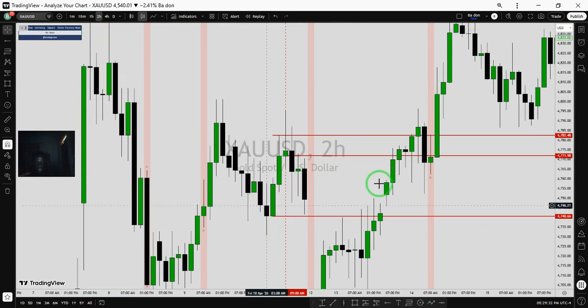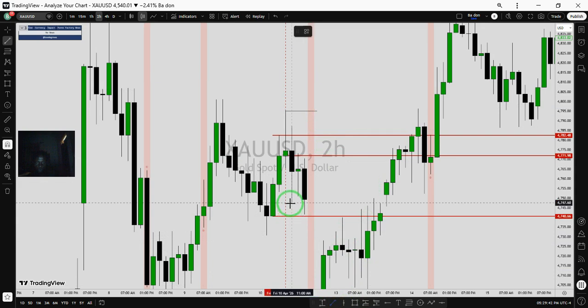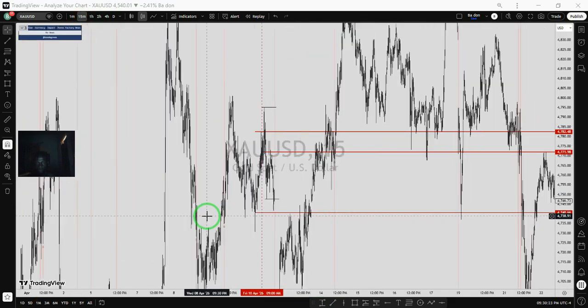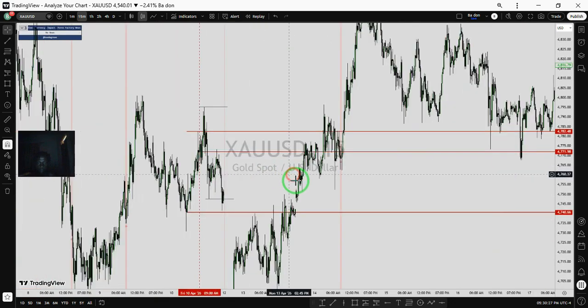First, let's mark the high and low of our displacement, the high and low of our range, the change in the state of delivery range. On the 15 minutes time frame, we are looking for a fair value gap.